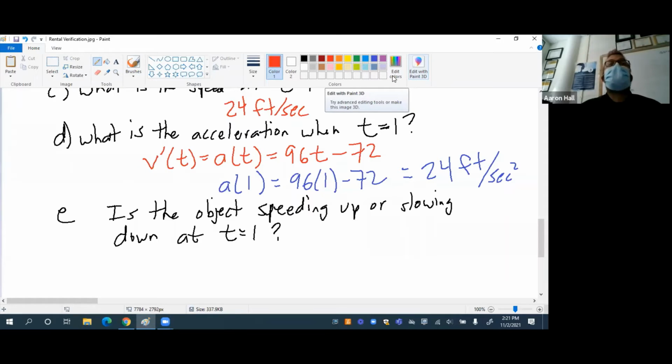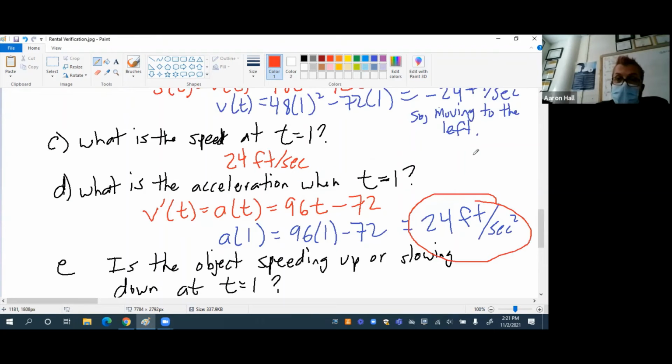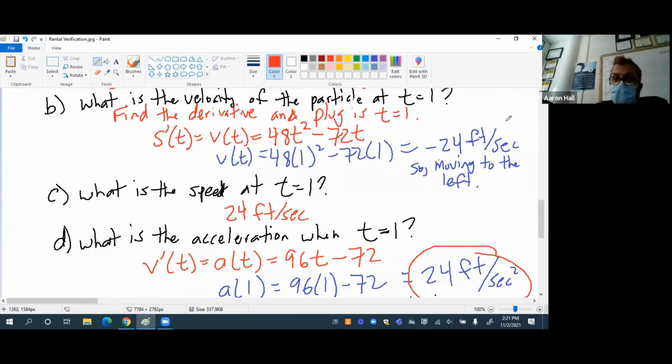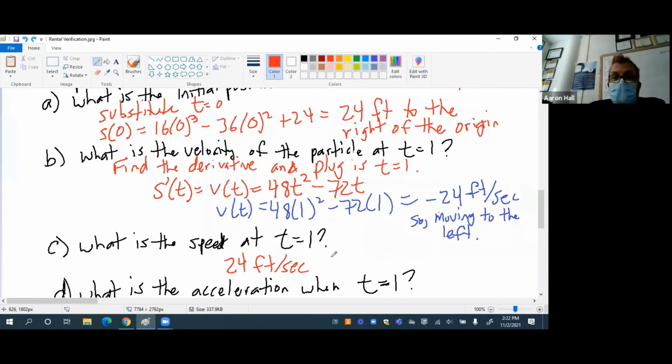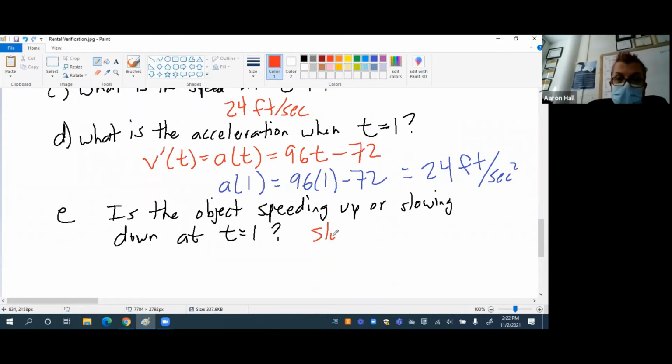Yeah, because we have the acceleration, which is positive, and we have velocity, which was negative. So we have two vectors. We have one vector of velocity that's pointed to the left. We have another vector of acceleration that is pointed to the right. So that means that you would be slowing down. So the answer is slowing down. Why?